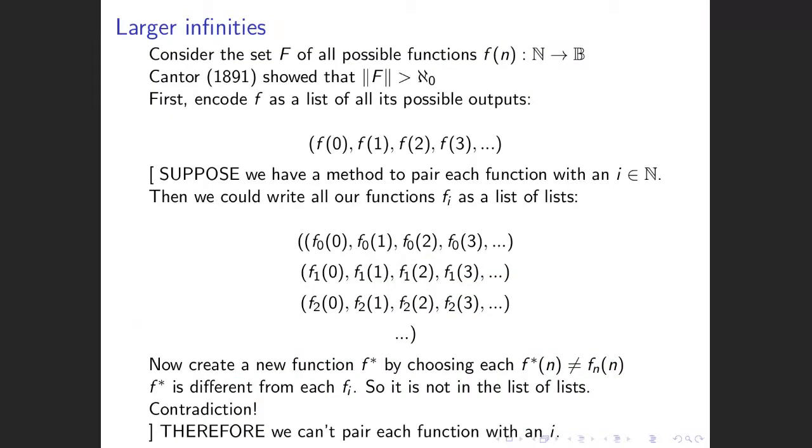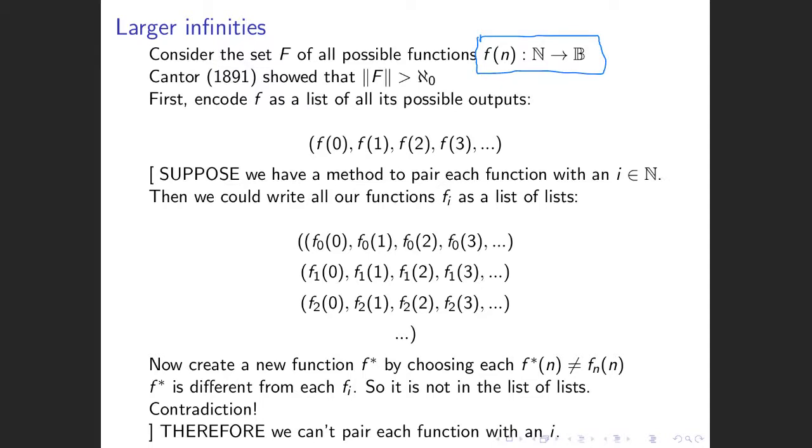Okay, so it turns out that ALEF0 isn't the only kind of infinity that is out there. There are infinities that are bigger than ALEF0 in the sense that there are too many elements to be able to pair them up with the natural numbers. So, for example, consider the set of all possible functions from natural numbers to Booleans, okay?